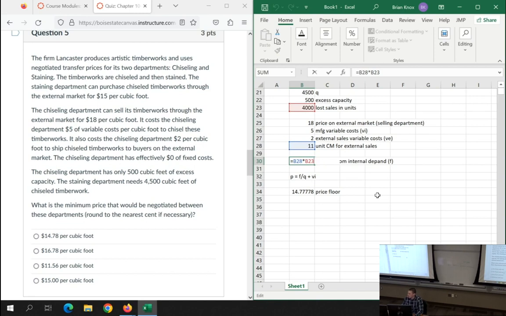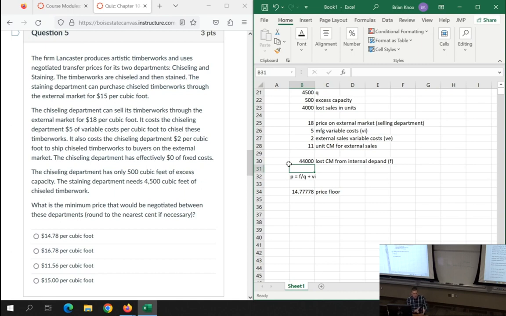Here I'm just saying we're losing 4,000 sales to fill the internal demand, and we would earn $11 of contribution per sale. So we end up with the product of those, 44,000, as our total lost contribution margin for selling internally, kind of taking the special order from our internal department, if you will. Same logic.